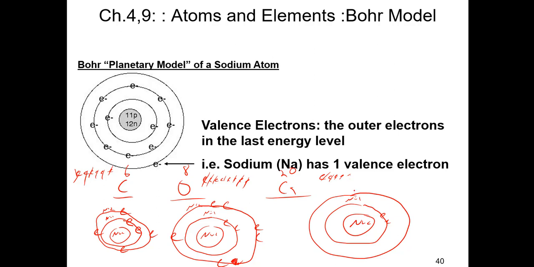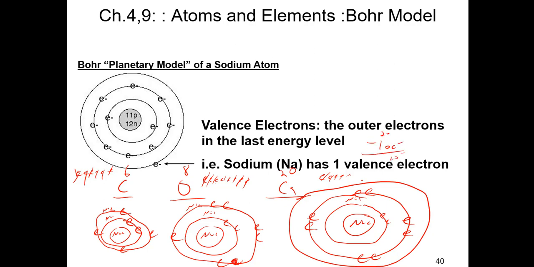So 1, 2, 3, 4, 5, 6, 7, 8, 9, 10. So there are 10 electrons, started with 20, so there's 10 left. 1, 2, 3, 4, 5, 6, 7, 8.